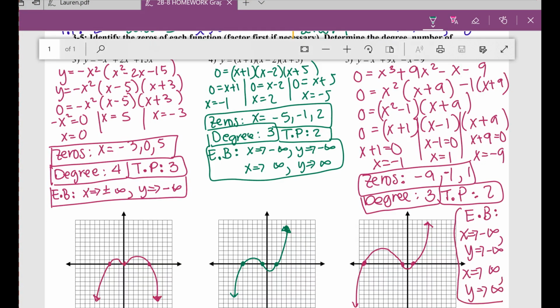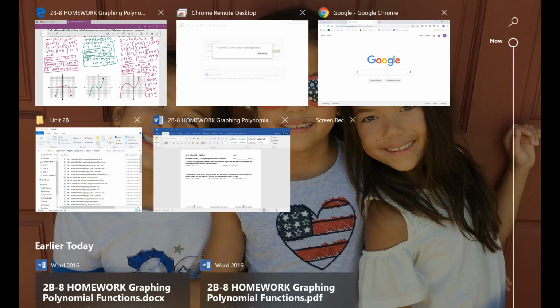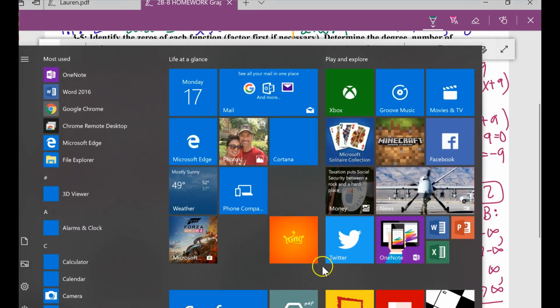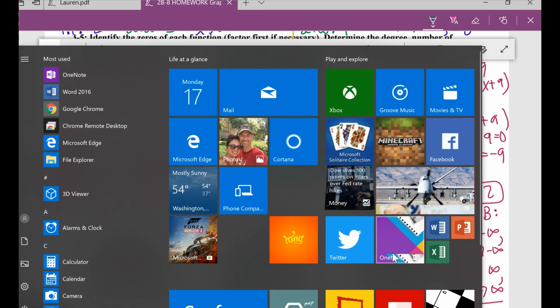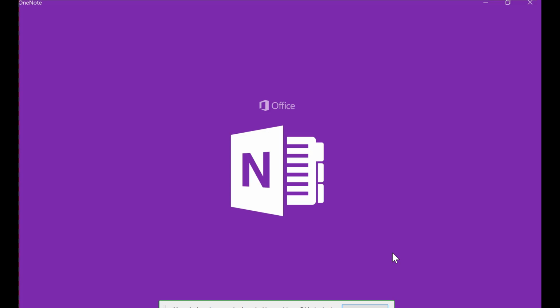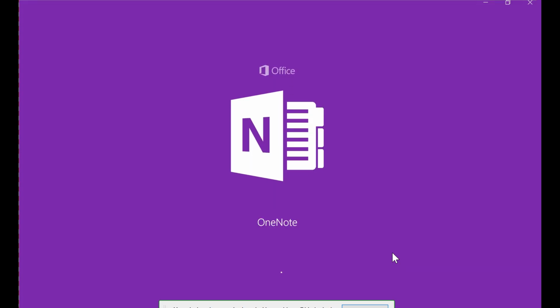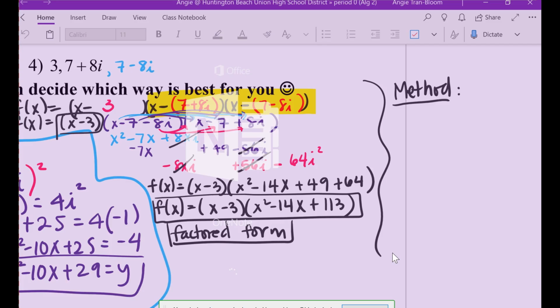I don't know what happened. No, my computer just shut off all of a sudden. It's a sign. It's a sign. We love technology, right?